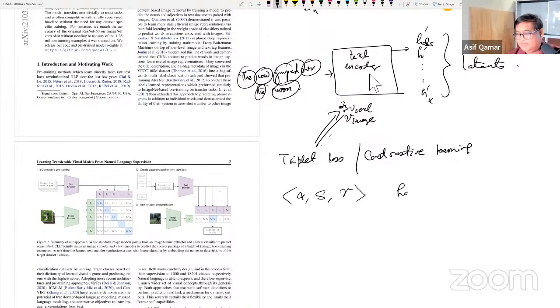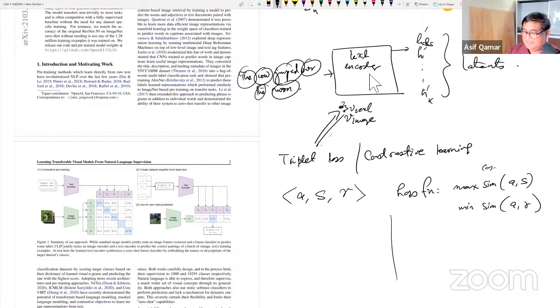And then your loss function would maximize the similarity between A and the similar, what you know to be a similar text, and minimize the similarity between A and R. What it would mean is, if the similarity is in terms of cosine, then in the vector space, you want the A vector and the S vector to be proximal and the random vector to be as far as possible. Does that make sense? Actually, let me put H here. The H embedding of these to be as far as possible.